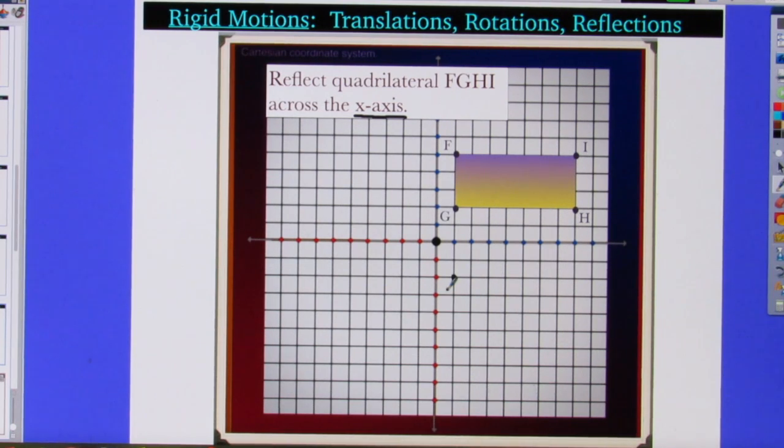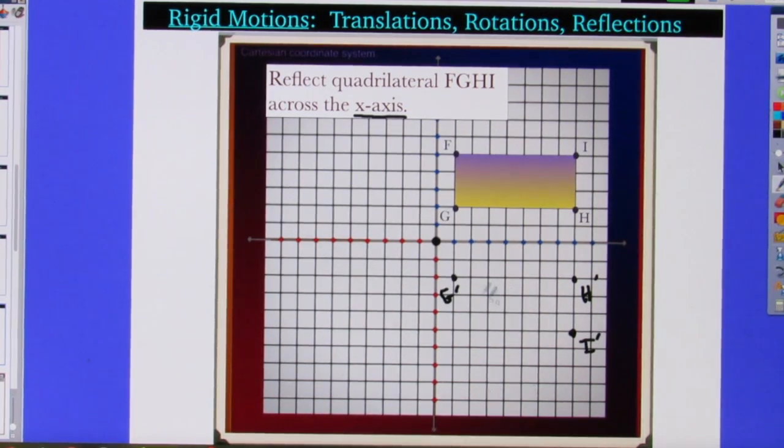That's how you reflect that across the x-axis. H is 2 above, so 1, 2 below, at -2 on the y. And there's my H prime. I is 1, 2, 3, 4, 5 above, so it will be 1, 2, 3, 4, 5 below. And there's my I prime.